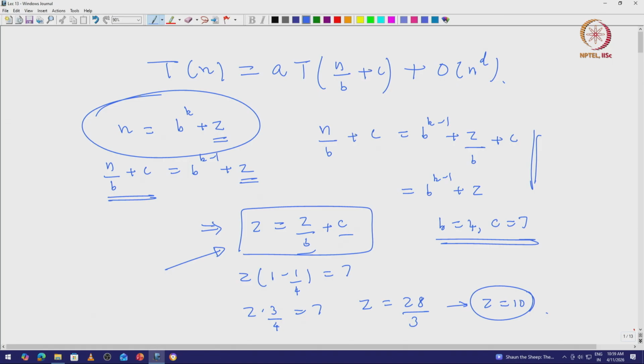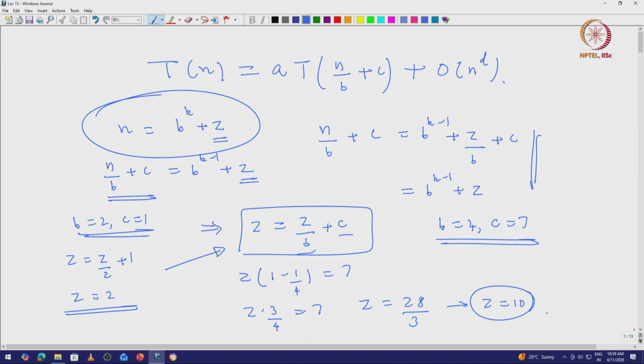For example, we had in our example n by 2 plus 1. So, b was 2 and c was 1. Let us see what value of z is. z equal to z by 2 plus 1, that means z equal to 2.